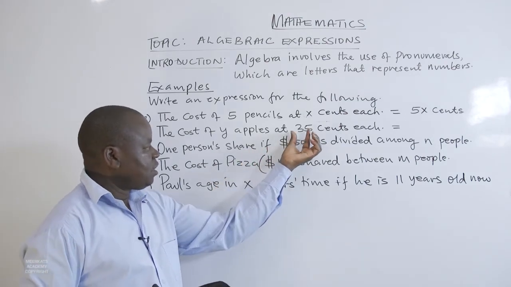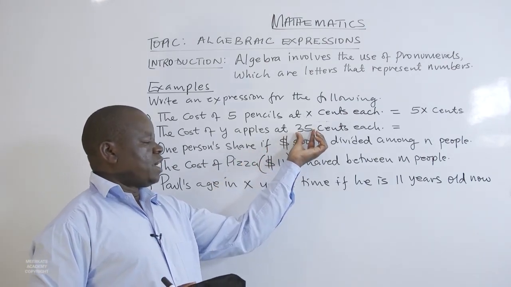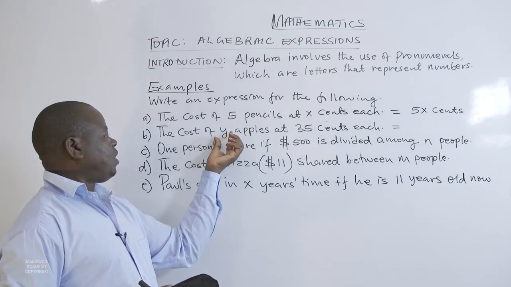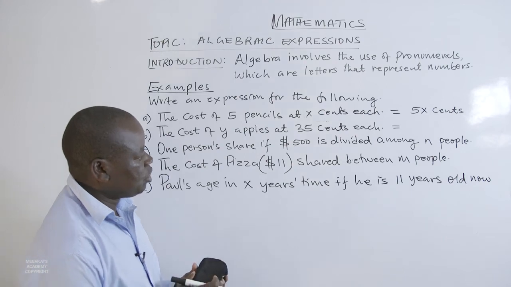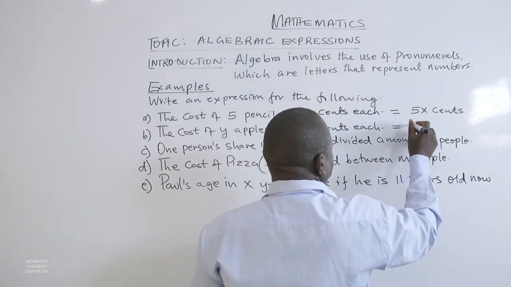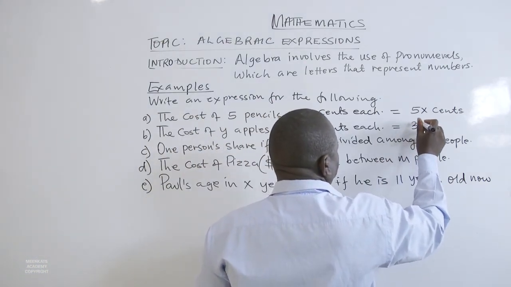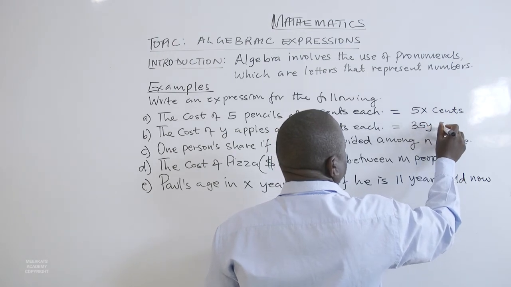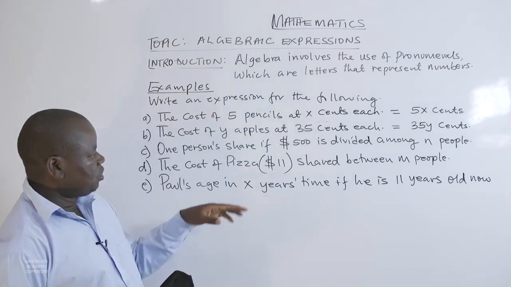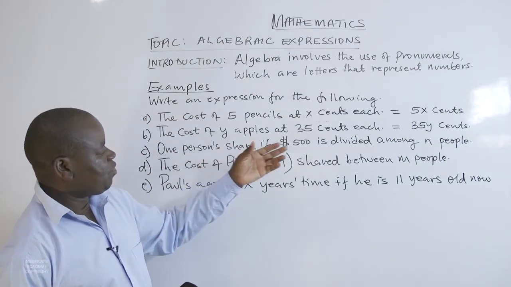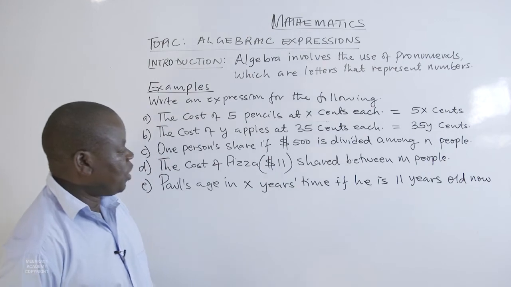So just get the cost of 1 apple multiplied by the number. That will be the total cost of buying the Y apples. So the cost of Y apples will be 35y cents. You multiply 35 by Y, you get the total cost of Y apples.